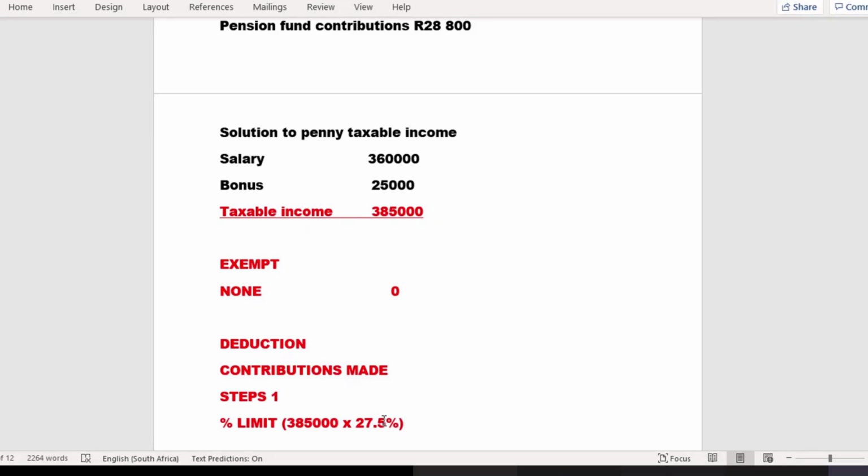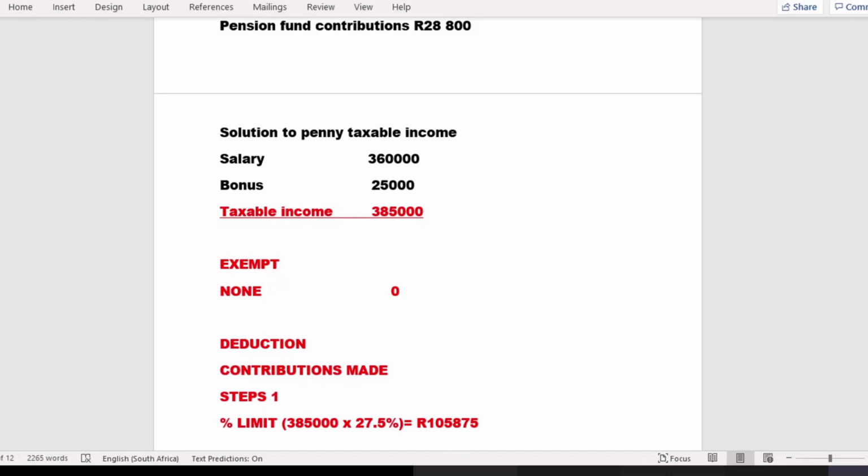Then you multiply this by 27.5, and then you divide this by 100, meaning that you are going to have an equal sign of 105,875. Okay, this is my step one in regards to the determination of the percentage limit.